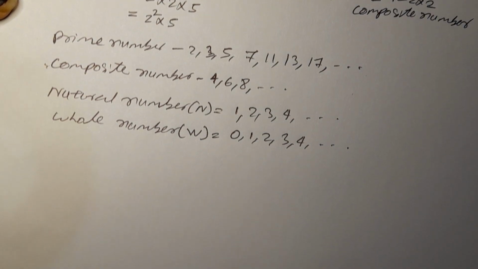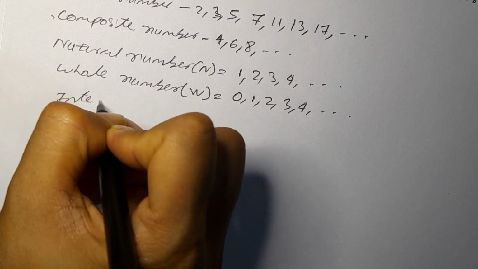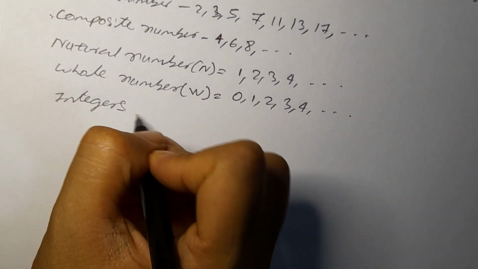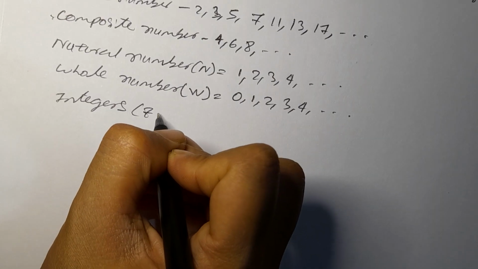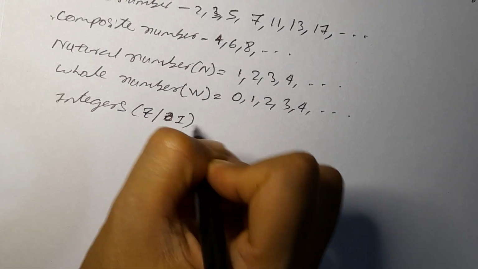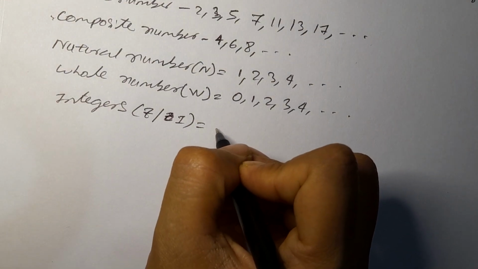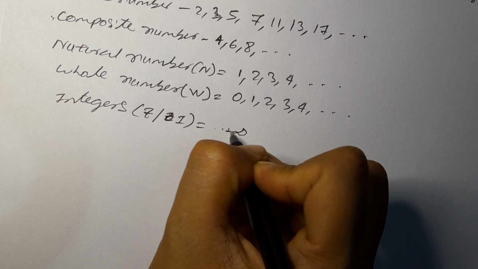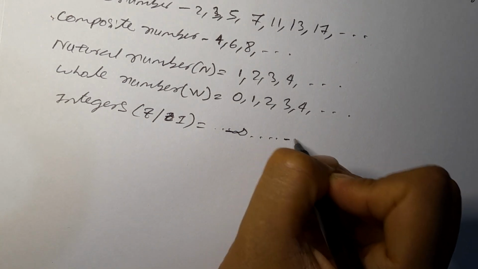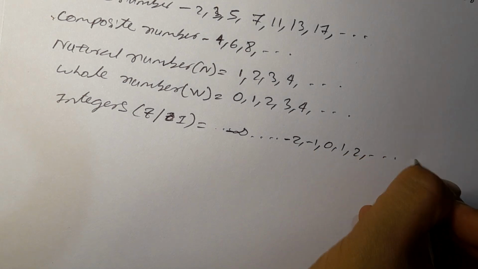After this come the integers. They are represented either by Z or by capital I. What are the integers? They start from minus infinity: minus 2, minus 1, 0, 1, 2, up to infinity.